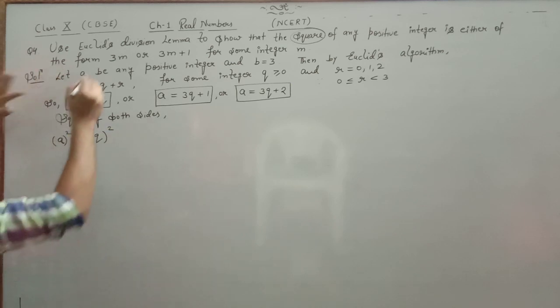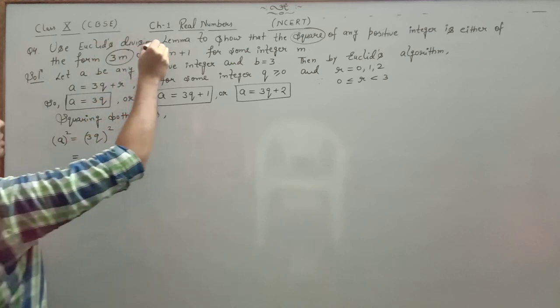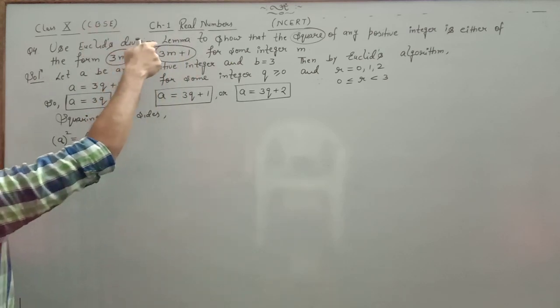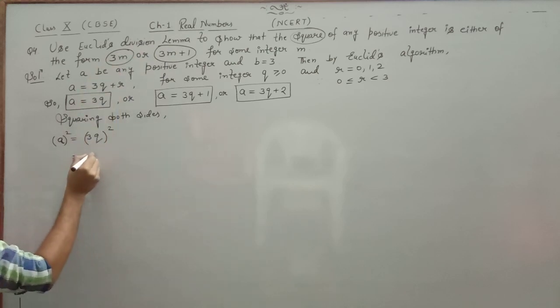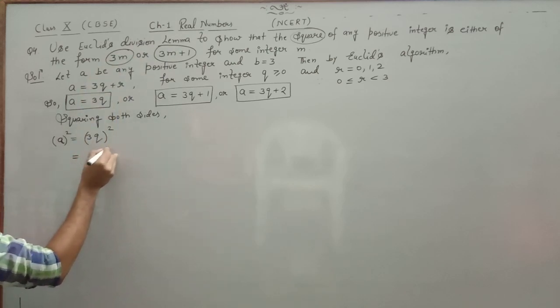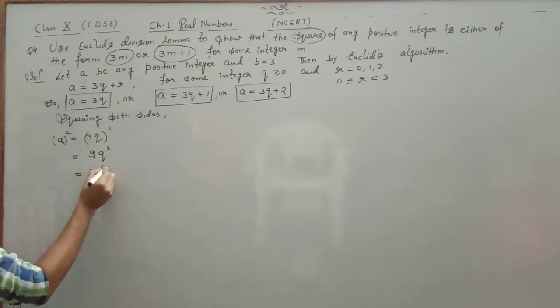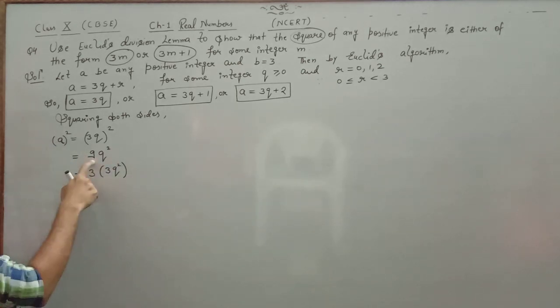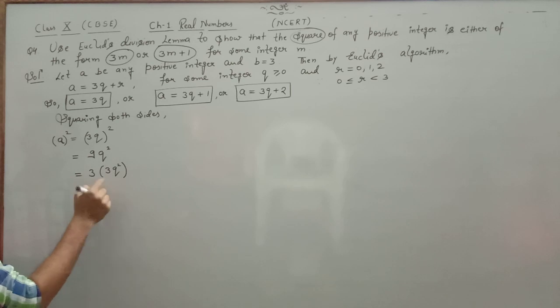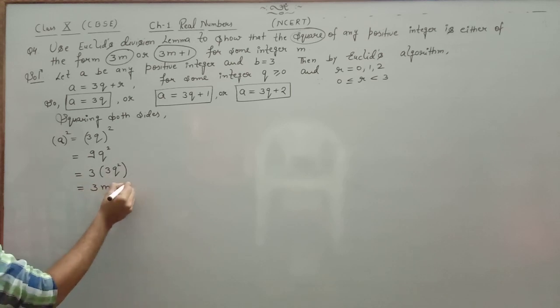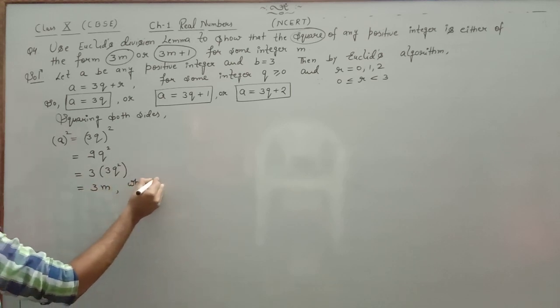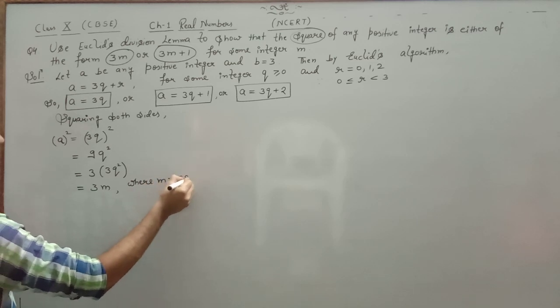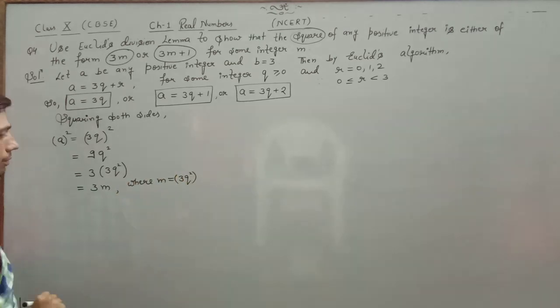And our target is only these numbers, 3m or 3m plus 1. So there is 9q square. Can we write it like this: 3 into 3q square, 3 times 3 is 9. And suppose this is m. So here m is equal to 3q square.